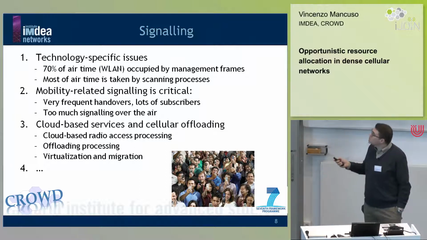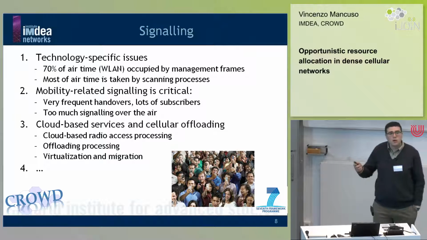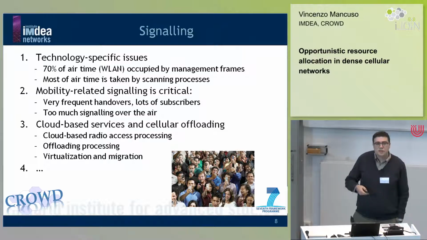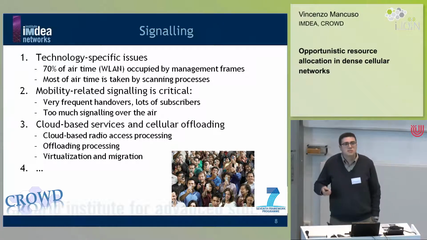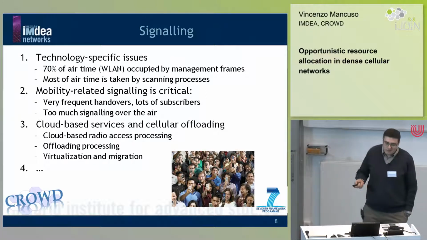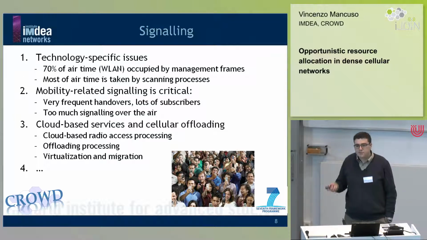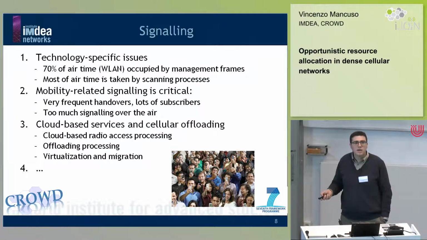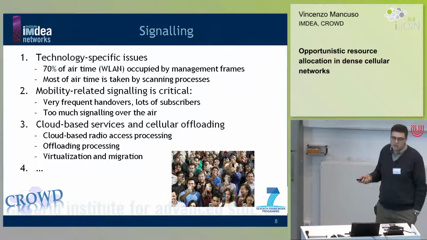If on top of that you consider mobility, even between different technologies, you have a lot of handover messages to be exchanged that have to be somehow managed by the network. So if you consider the standards as they are today, there's a lot of overhead in the signaling that goes over the air.